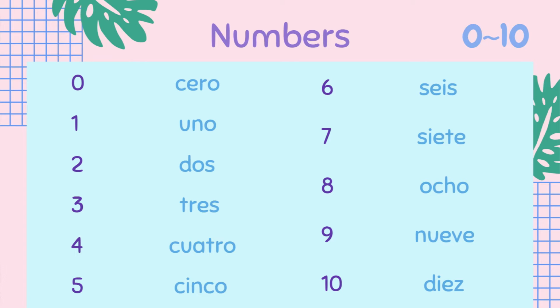Cinco. And 6 is seis. It sounds a little bit similar with English. 7 is siete. Ocho. Nueve. Diez. Now let's read them again.